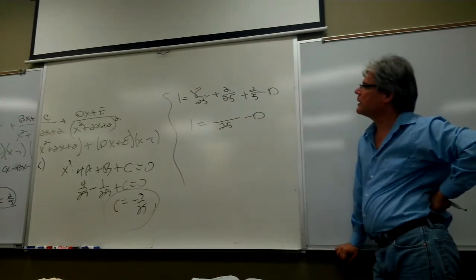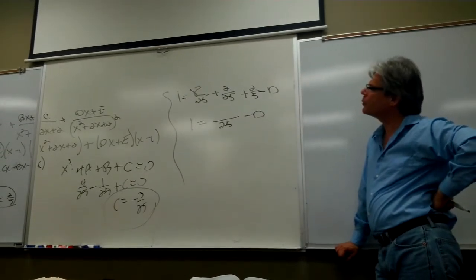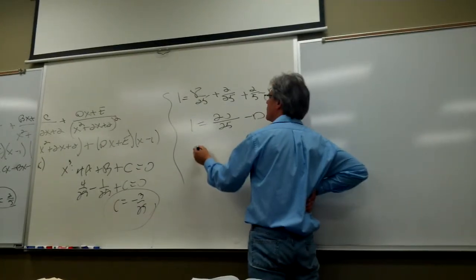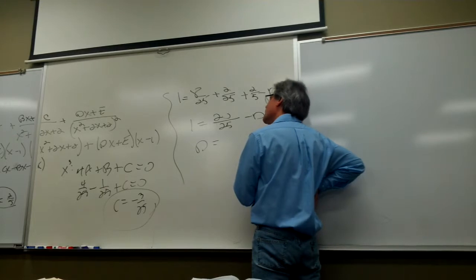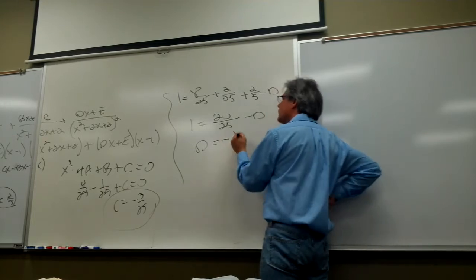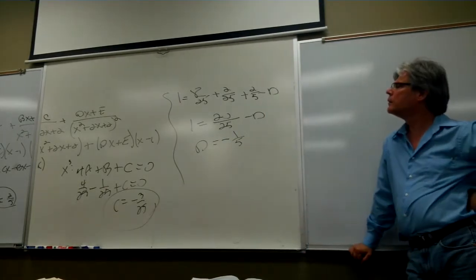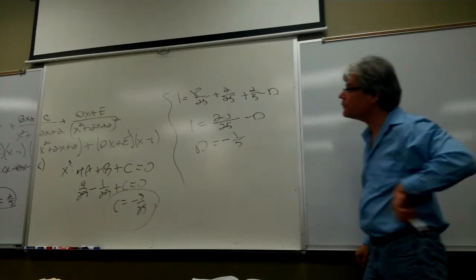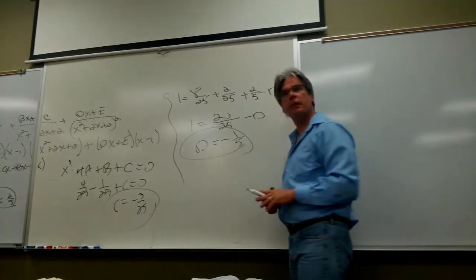Now diving in, taking care of my arithmetic, is that going to give me a positive 20? Telling me that d is going to be equal to negative 1/5? Yes. If you guys are double checking my arithmetic, and if you are, I think we're ready to evaluate the integral.